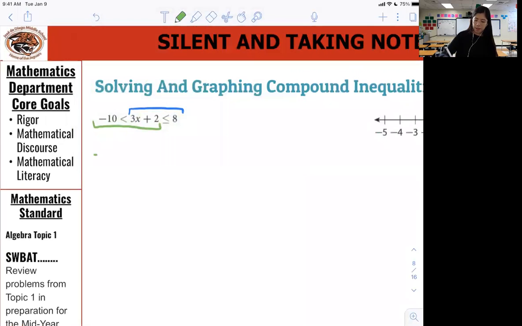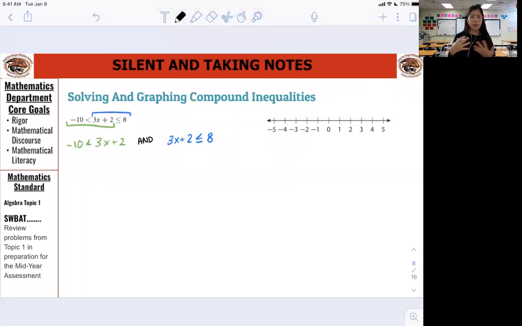So I would write -10 is less than 3x plus 2, and 3x plus 2 is less than or equal to 8. This is an and inequality because it's a 2 in 1. Then we solve each of these individually and put them back together so that we can graph it.